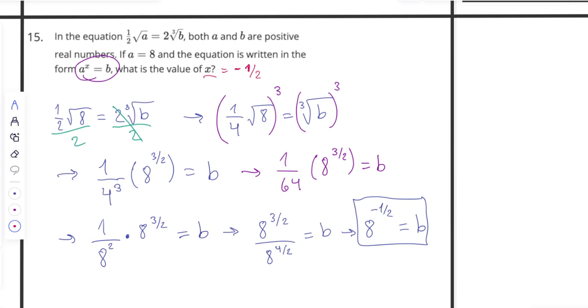Let's do a few more problems here. What other topics do we want to see? Let me look for some. There are some really tough questions in nonlinear functions.